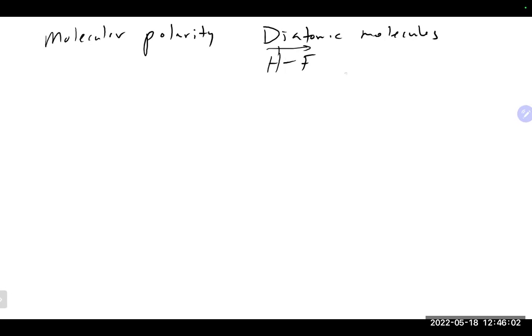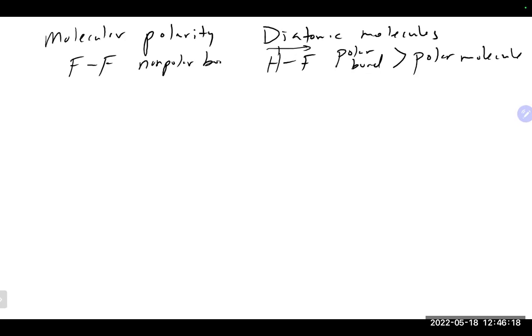And because that is a polar bond and it's the only bond that is there, it is going to be a polar molecule. Now, if you had something like F2, this is a non-polar bond, which means because that is the only bond there, this will also be a non-polar molecule.